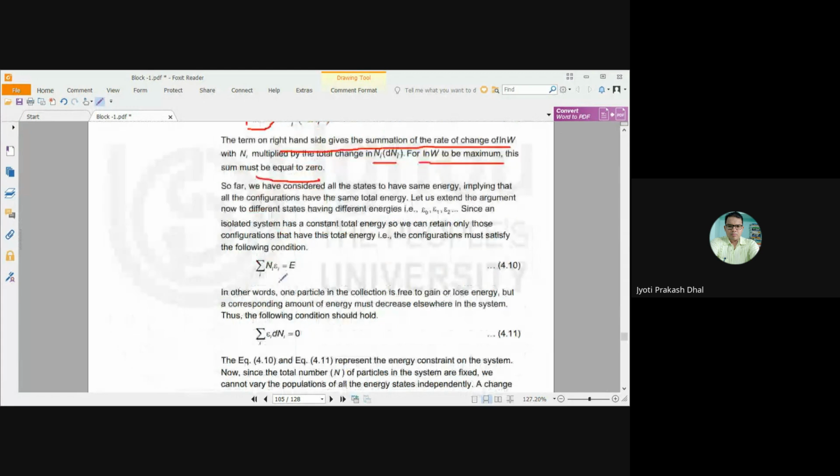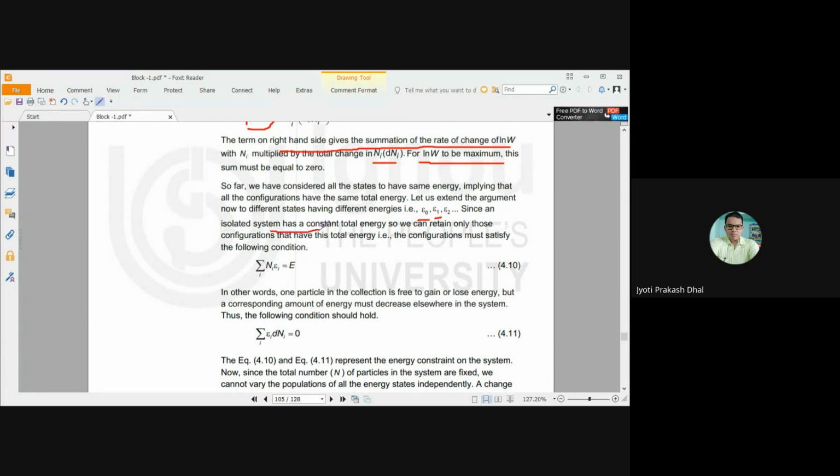So far, we have considered all the states of the same energy, implying that the configurations have the same total energy. Let us extend the argument to different states having different energies, epsilon 0, epsilon 1, epsilon 2, and so on.